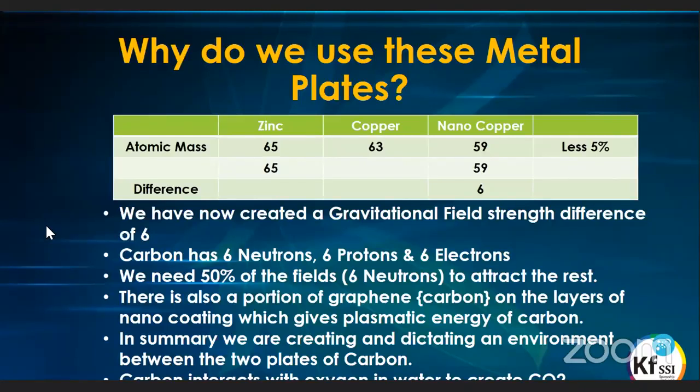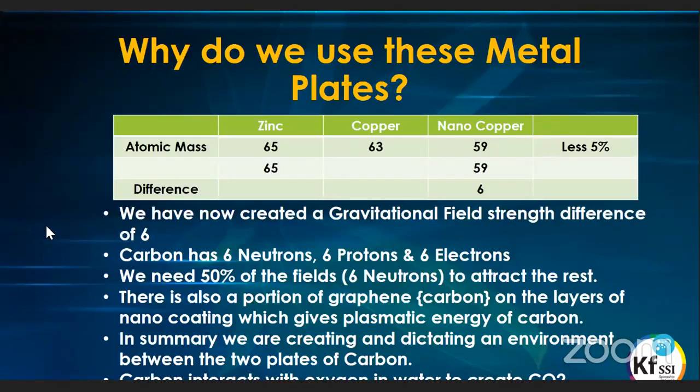But when we nano layer the copper plate, we reduce that by less than 5%, so we reduce that to around 59. So when we look at the difference between the zinc plate and your nano-layered copper, we have a difference of 6. So what we have done is we've now created a gravitational field strength difference of 6.